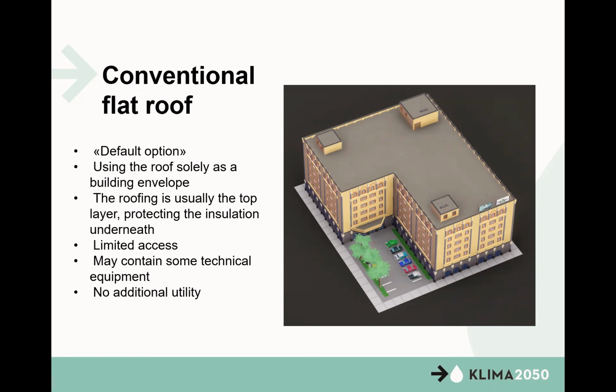There's limited access, some for the maintenance of technical systems, so maybe advertising boards or ventilation systems and so on. And you don't get much utility out of the roof. You have here lots of square meters of good real estate that is not put to any use. And that's what you want to change, maybe.